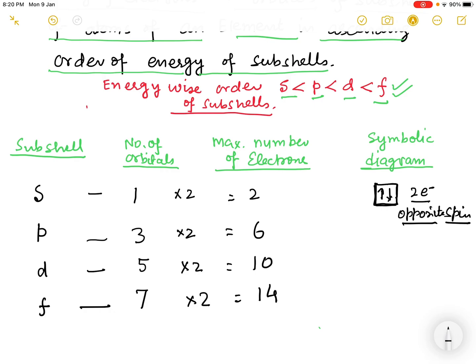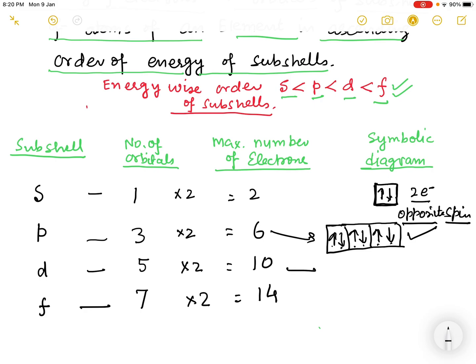And here there are 3 orbitals, and we can show these orbitals as 1, 2, and 3. So there are a maximum of 6 electrons, 1, 2, 3, 4, 5, 6, that can be accommodated in the p subshell.